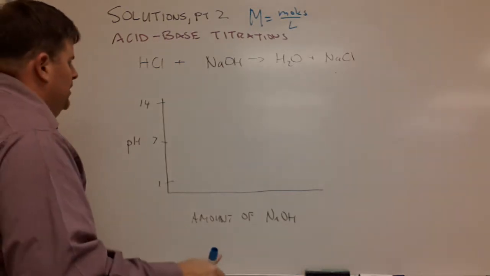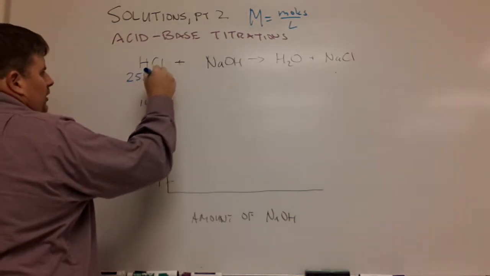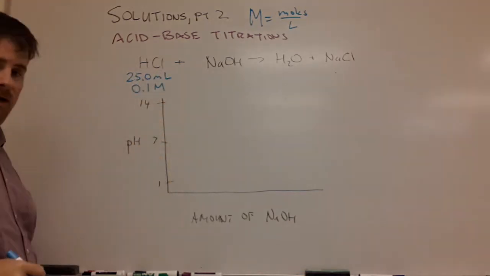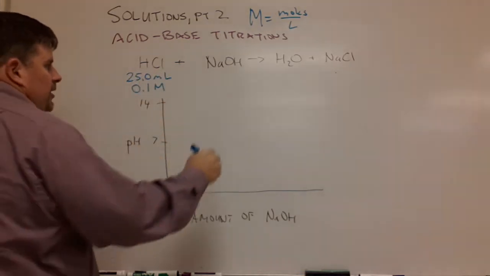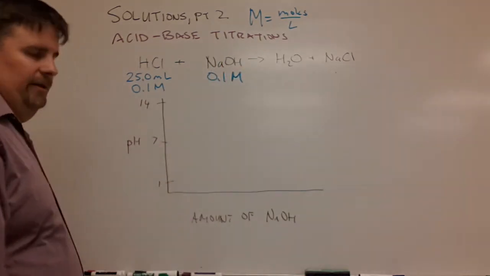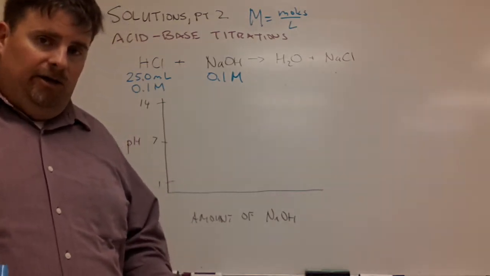So I'm going to start here with 25.0 milliliters of 0.1 molar hydrochloric acid. And what I'm going to use here is 0.1 molar sodium hydroxide. And we'll be monitoring the pH as we're adding NaOH to it.